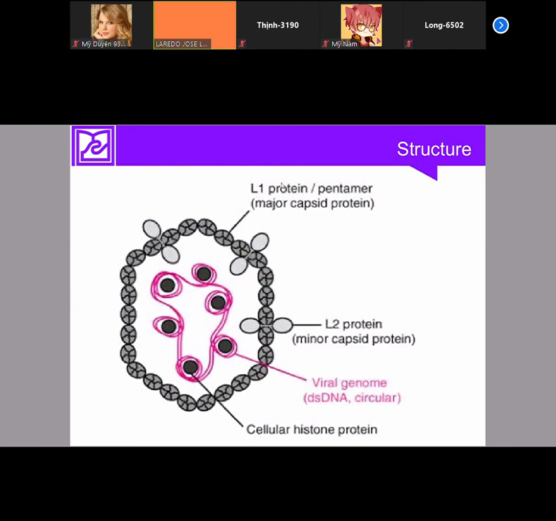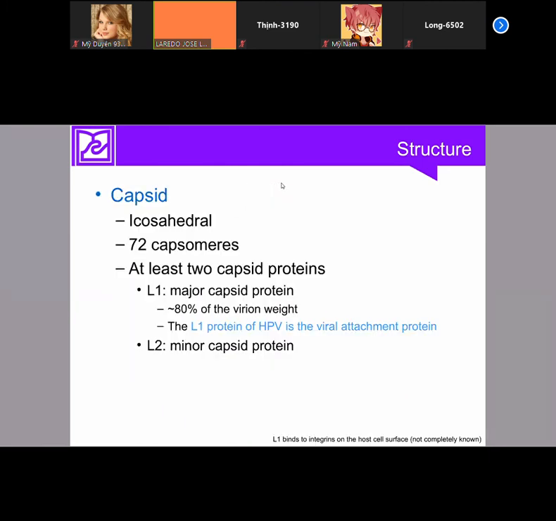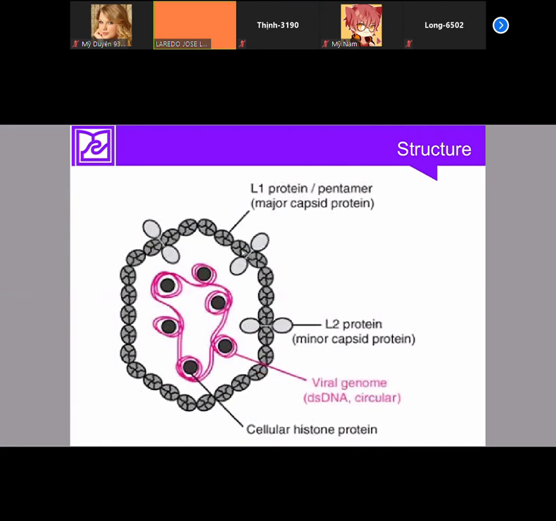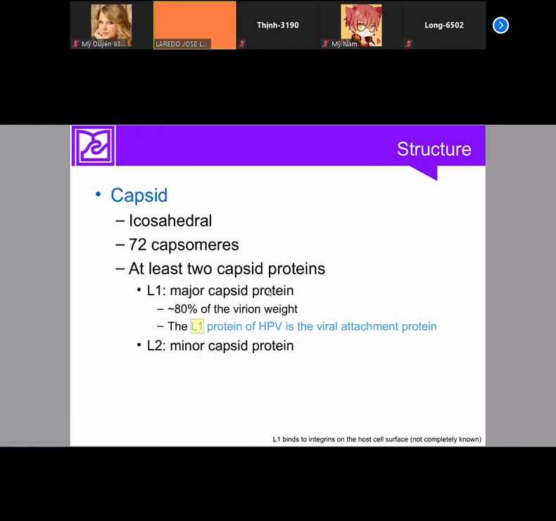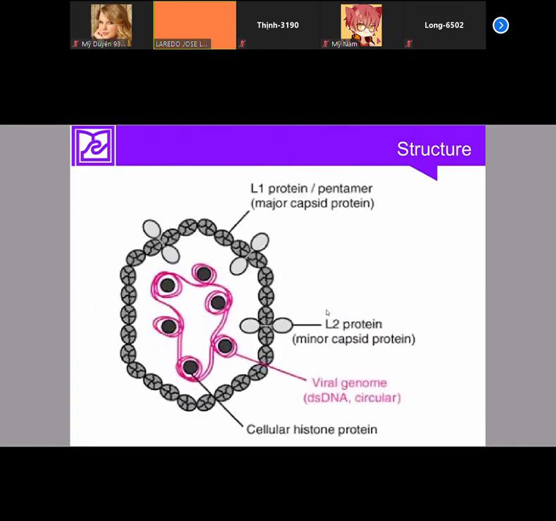You don't have to remember the names of these proteins, but I have to tell you that the L1 protein is the protein that the virus needs to bind host cell receptors. But you don't need to remember this. The L1 protein is the protein for attachment, for binding host cell receptors. Found in the capsid. They don't have an envelope.